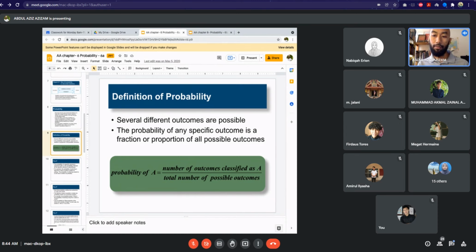Okay. Itu adalah dia punya probability, dia punya proportion untuk you dapat kad heart. Tetapi kalau kita nak convert dia kepada percentage macam mana? Darab 100. Darab 100 kita dapat 20%.